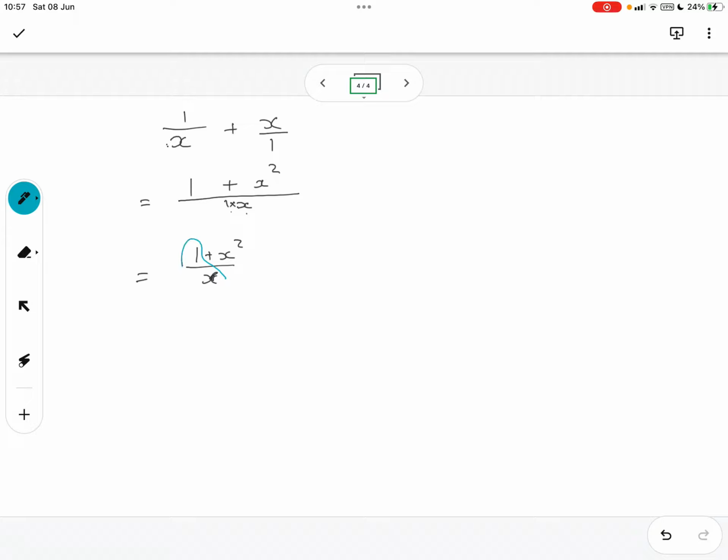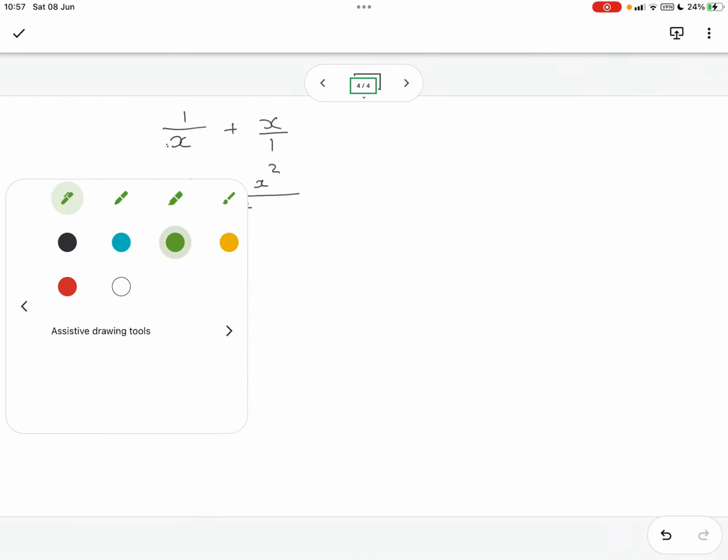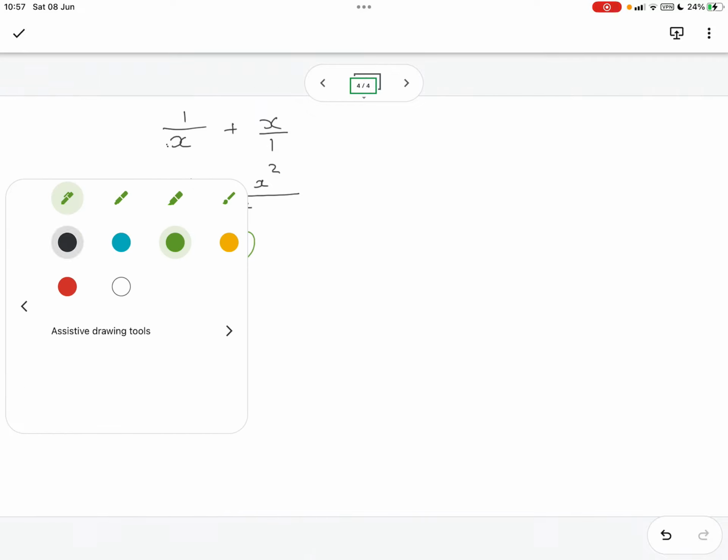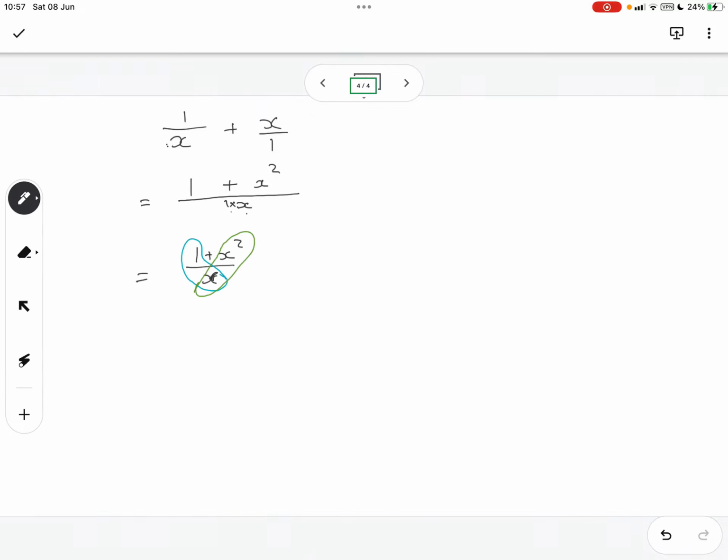How do we know that this is true? When we have a common denominator and an addition sign at the numerators, we can separate the fraction around the denominator. So in other words, we can make this its own fraction and we can make that its own fraction.